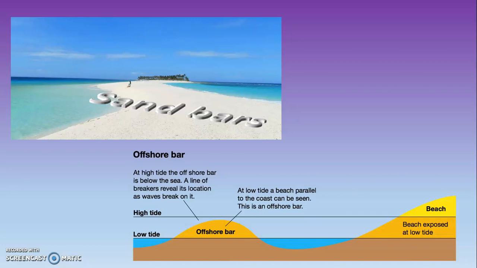It is formed due to longshore drift as well, transporting sediment along the coastline. Behind the bar, a lagoon is created, where water has been trapped, and the lagoon may gradually be infilled as a salt marsh develops due to it being a low energy zone, which encourages deposition.